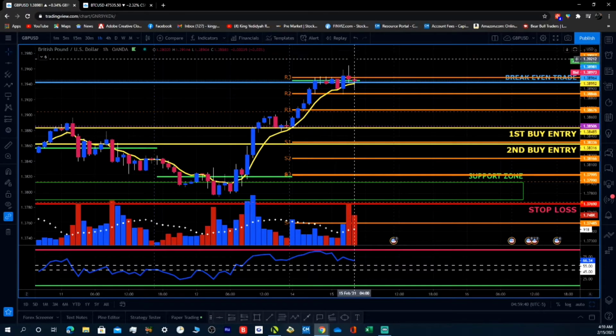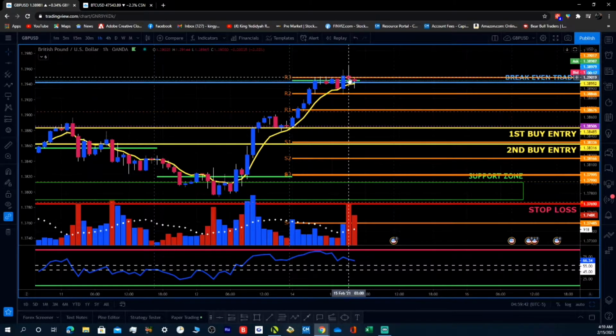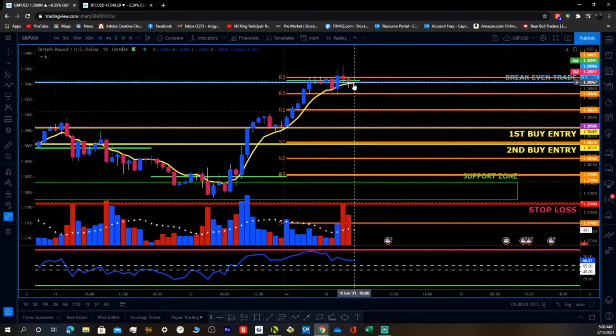And we had this, let's call that a doji candle, right? Was almost like a shooting star, I guess. But it just didn't close by the lows. It closed kind of three-quarters of the way. So it's a doji candle. Then we had this, what do they call?